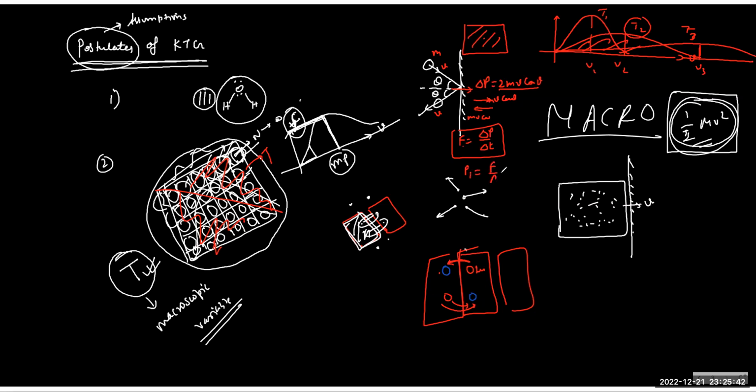Because we have a large number of molecules, the total pressure on the surface will be how much? The sum of all pressures due to each, isn't it? Because pressure is a scalar, we can add it just like this. And this later becomes the Dalton's law of partial pressure, isn't it?